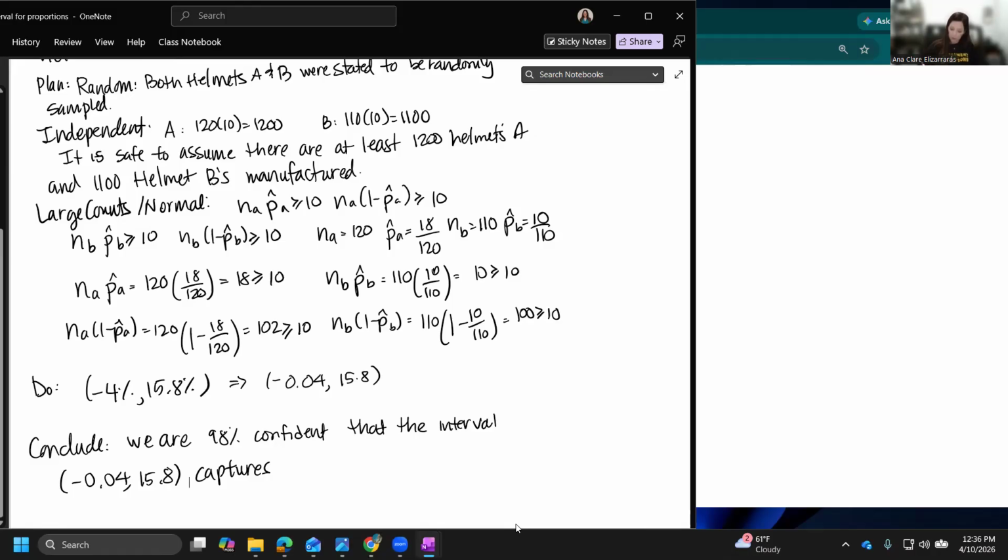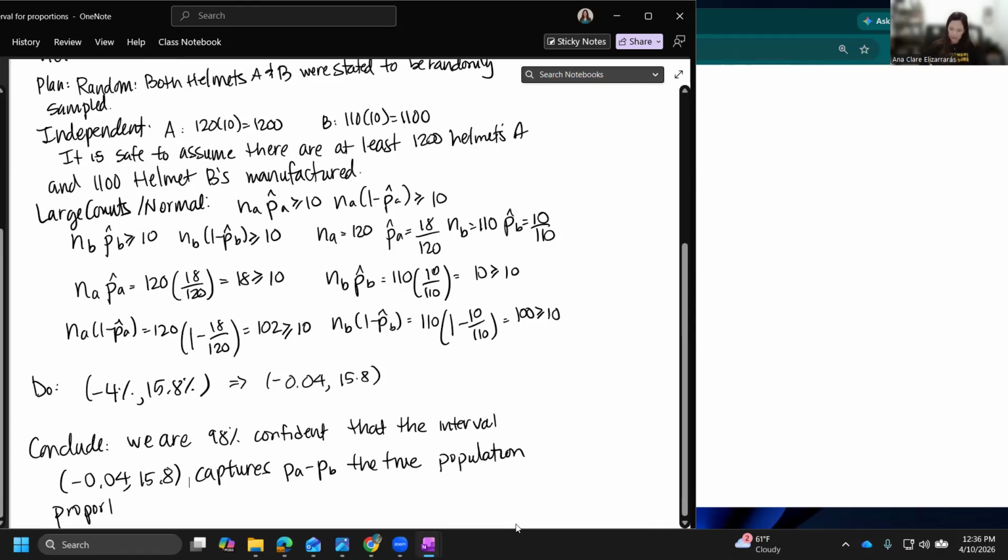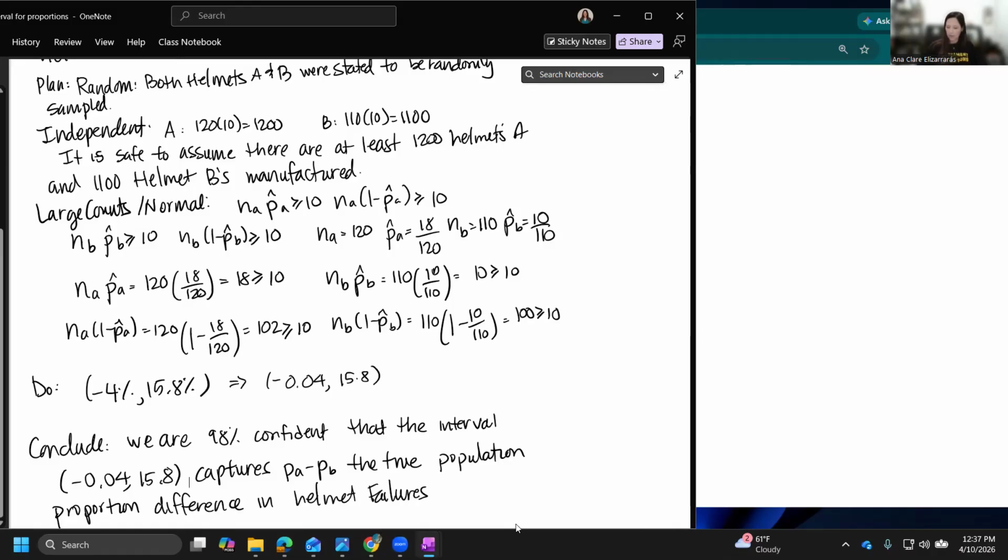The actual proportion, PA minus PB, the true population proportion difference in helmet failures of helmet A and B.